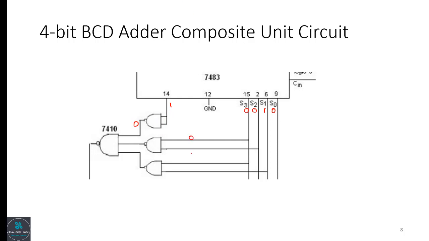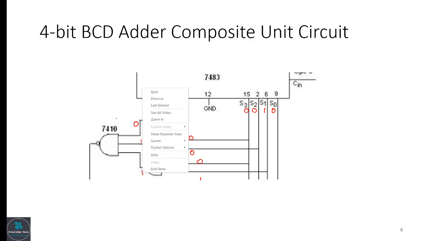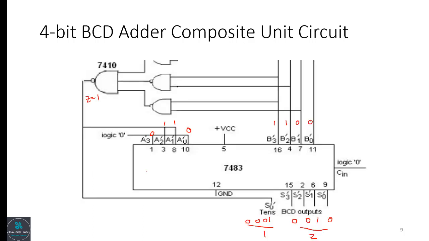So I will get 1. Here I will have 0 1. So the NAND gate output will be 1. So this is the input to the 3 input NAND gate, 0 1 1. So Z will be 1. So similarly to our previous example, Z is 1.